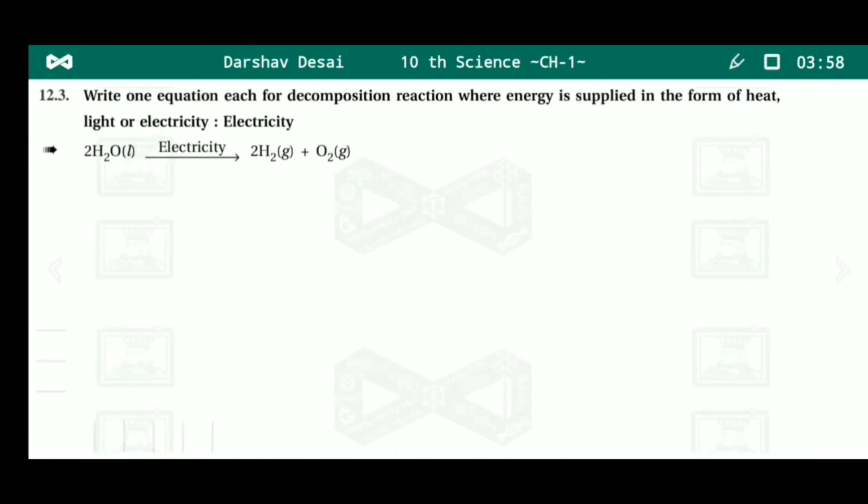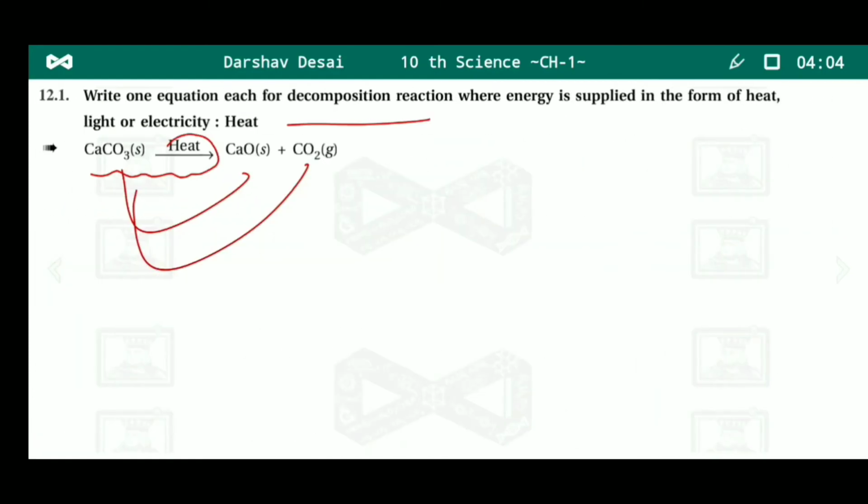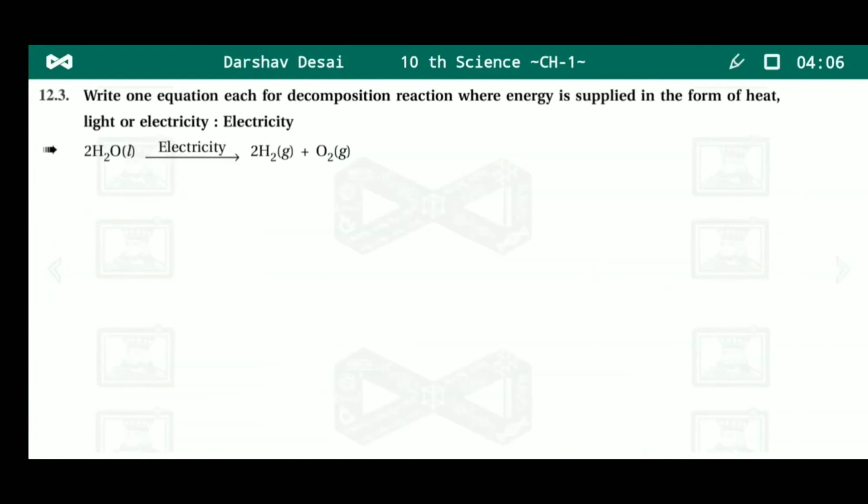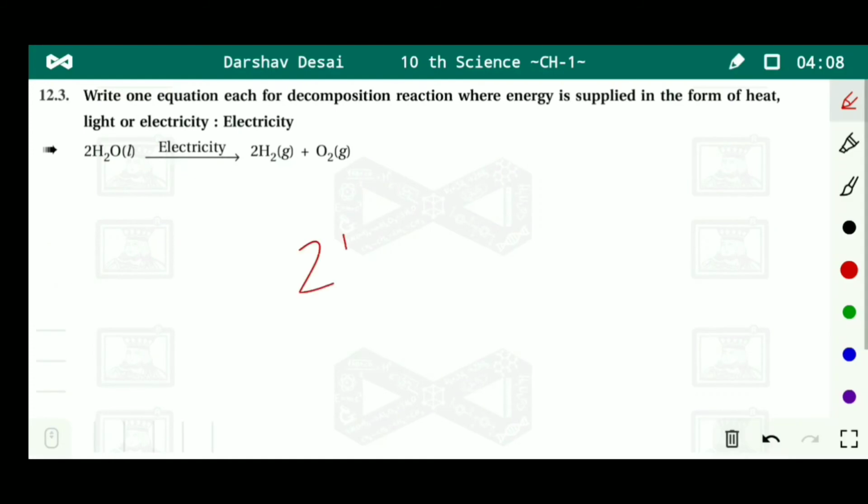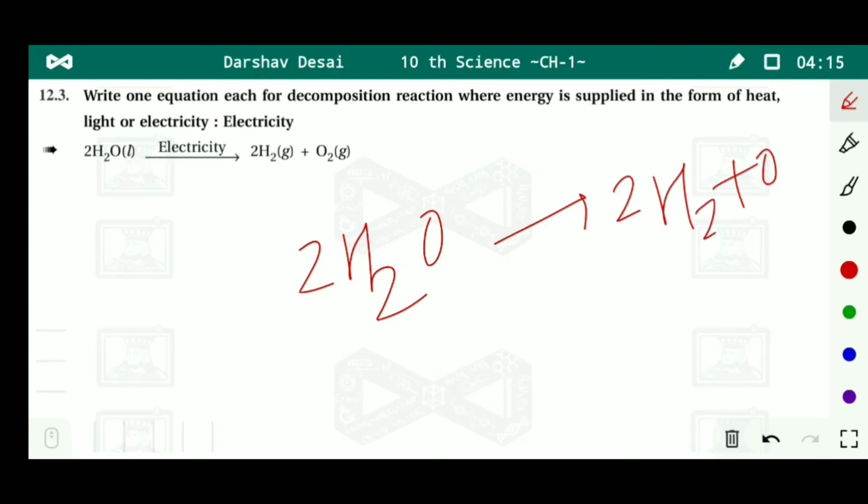Now the last one. First we discussed the presence of heat, second the presence of light, and third the presence of electricity. So electrolysis of water we discussed in the experiment. Electrolysis of water gives hydrogen plus oxygen. Here we have to write electricity.